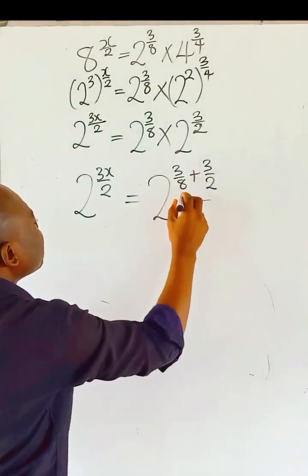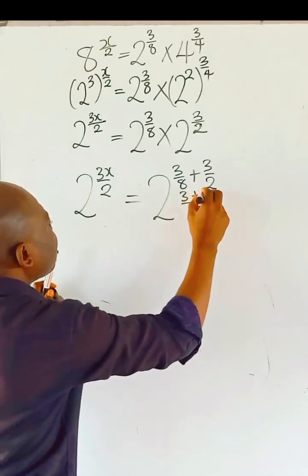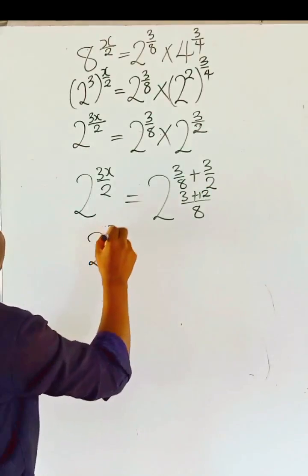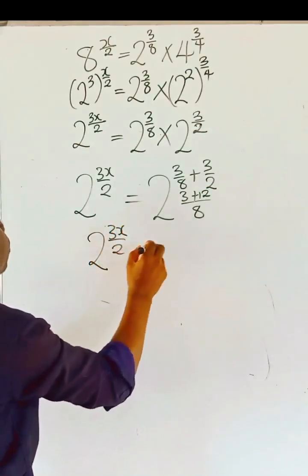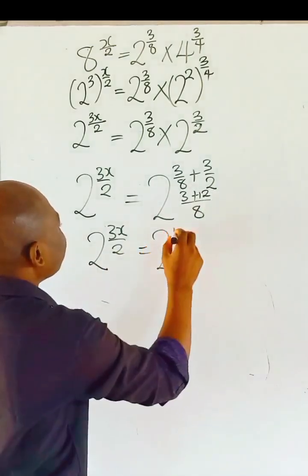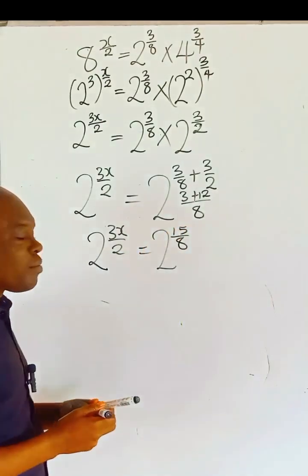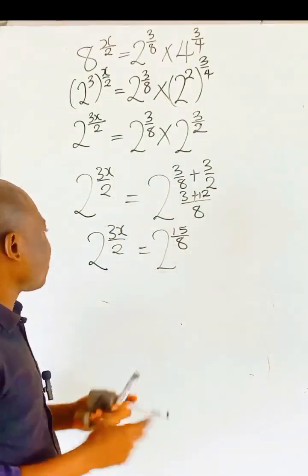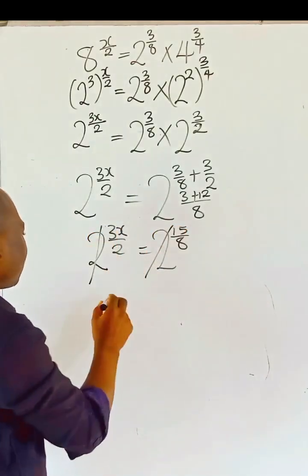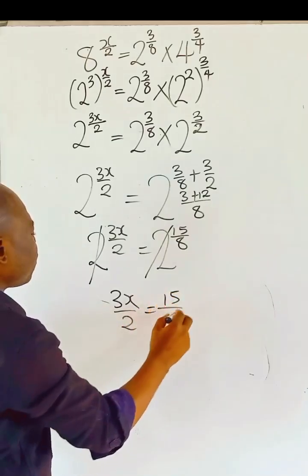We have 1 times 3 plus 4 times 3, which is 12. So we have 2 raised to the power of 3x all over 2 equal to 2 raised to the power of 15 all over 8. Then the bases are taken away, so we have 3x all over 2 equal to 15 all over 8.